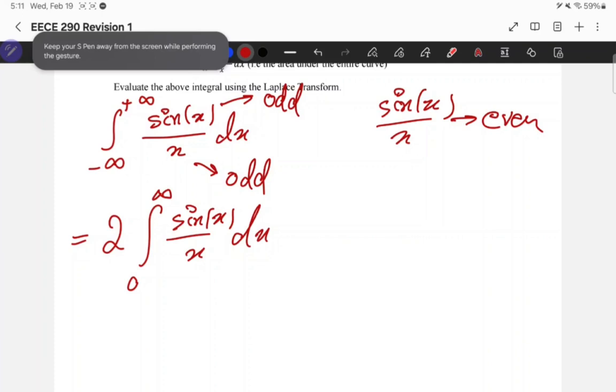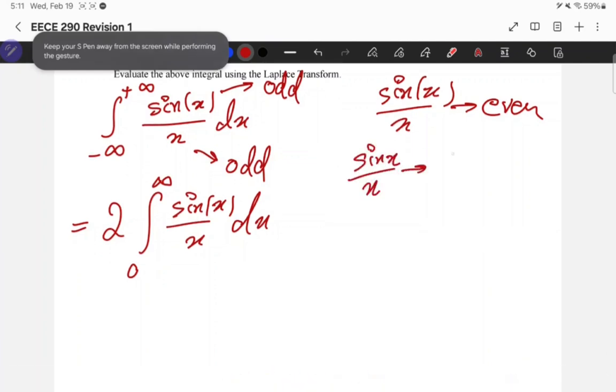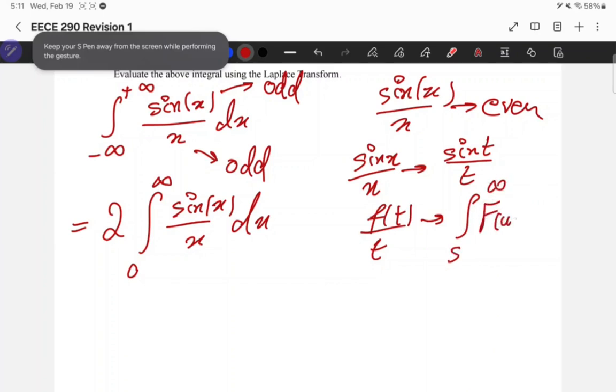Now this resembles something, which is the Laplace transform, right? Sine x over x is peculiarly similar to sine t over t, which is f of t over t, which transforms into the integral from s to infinity f of u du.